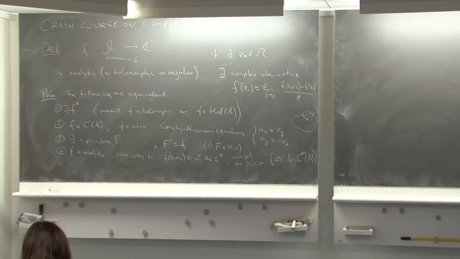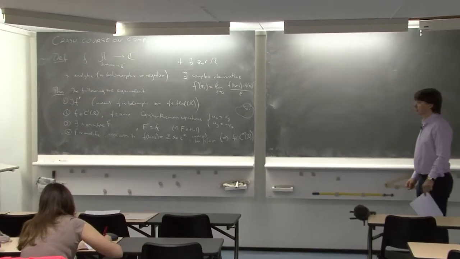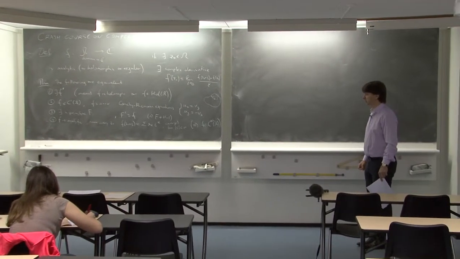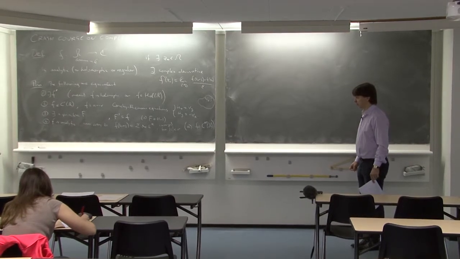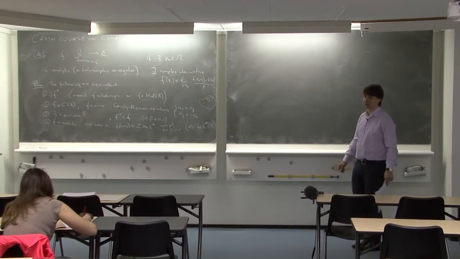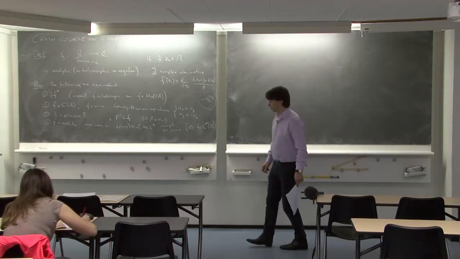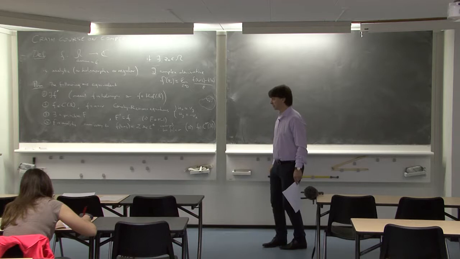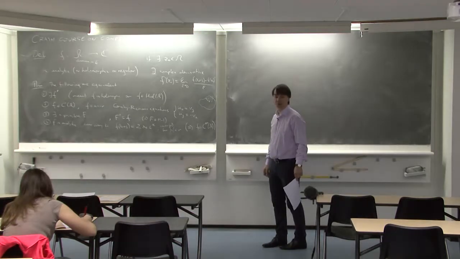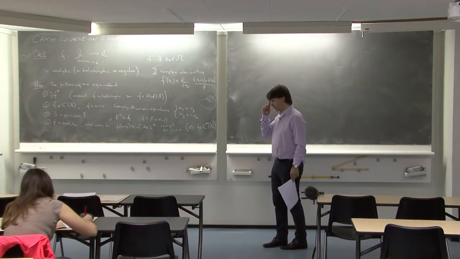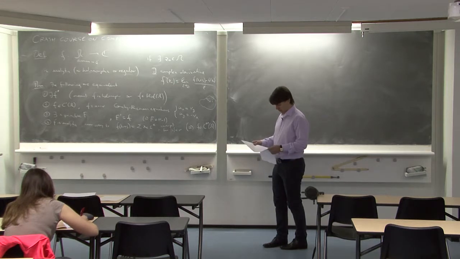The previous definitions only asked for C1, but it's automatically C infinity. So it's very different from real numbers. If you have a function with a derivative on the real line, by no means does it imply that it has all the other derivatives. So it's rather a complicated thing.